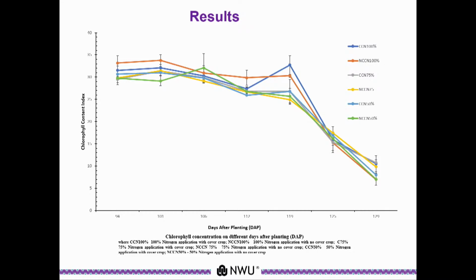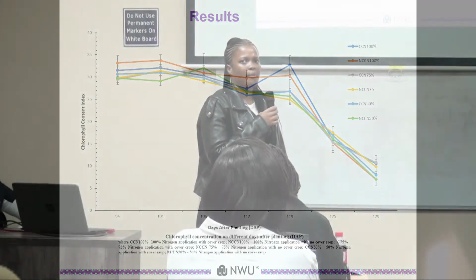This is just the general plant growth, because when the plant grows, it becomes green, and then it dies and becomes brownish, so the chlorophyll trend is normal. No significant difference was shown in all parameters. This was because we incorporated cowpea.